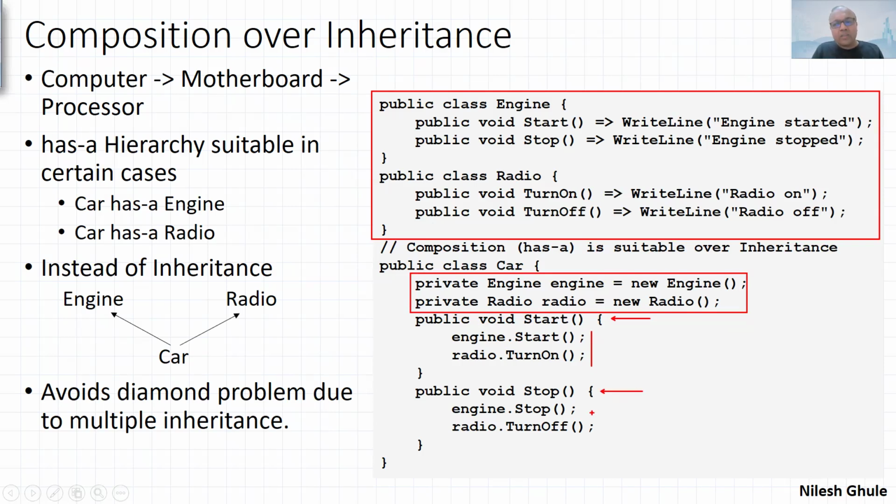When I stop the car, I'm intending to stop the engine as well as the radio. I hope this clears the concept of composition, or has-a relationship. For a more detailed, practical demonstration, please watch our composition video.